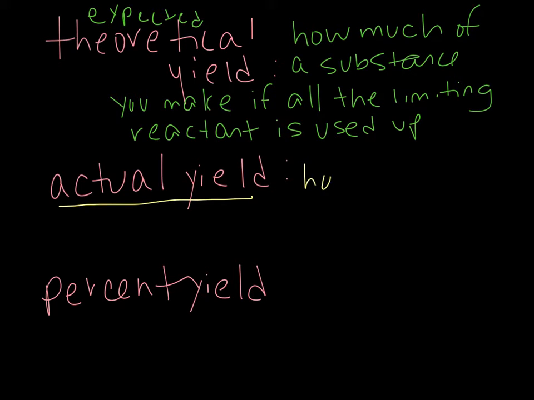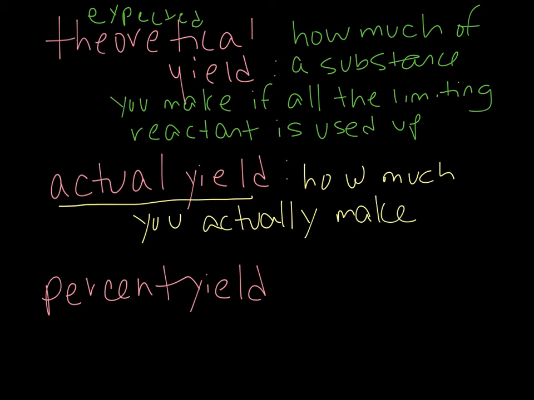Now let's define actual yield. Actual yield is how much you actually really make. In this case, all the limiting reactant may be used up, but your actual yield will almost always not equal your theoretical yield. Your actual yield can never be more than your theoretical yield, and usually it is less.